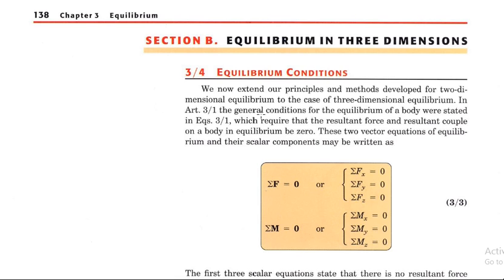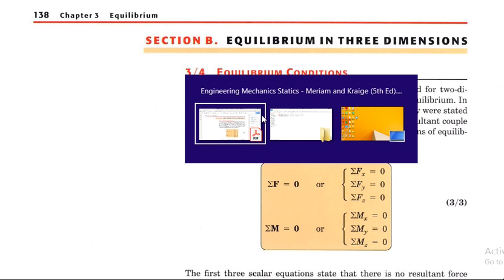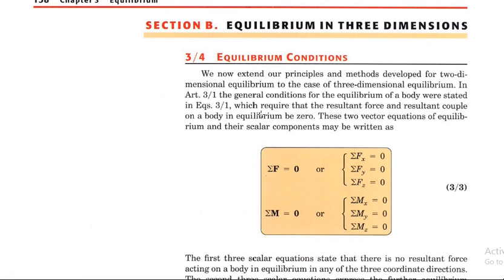So the equilibrium conditions according to equilibrium in 3 dimensions: the summation of forces must be equal to 0 and the summation of moments must also be equal to 0.